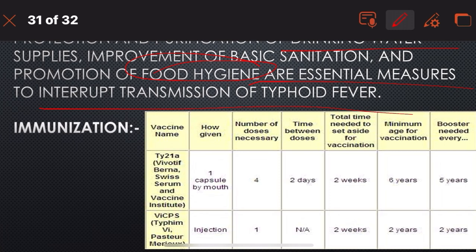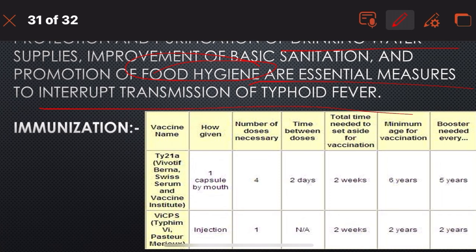Vivotif is nothing but an oral typhoid vaccine. It is produced by Berna Biotech, Bern, Switzerland.